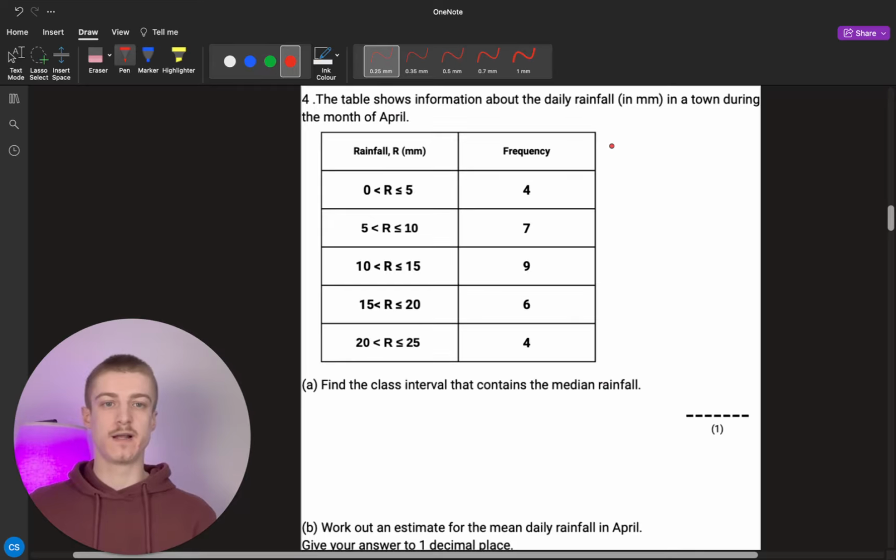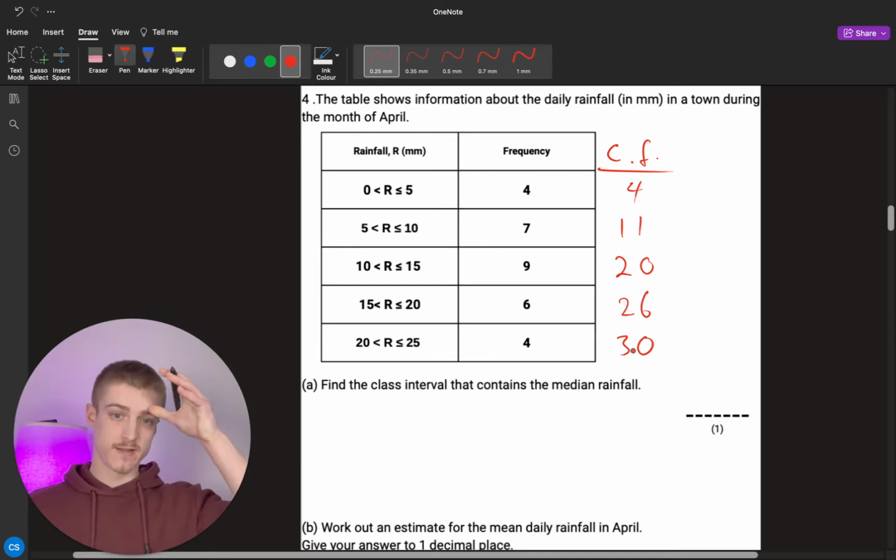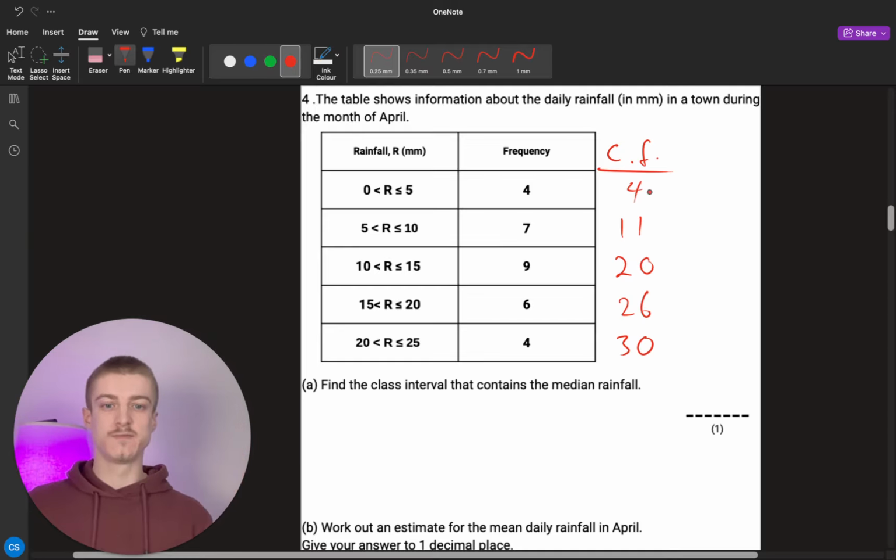So we need a cumulative frequency column first. Okay. 4, add 7, 11, add 9, 20, add 6, 26, add 4, 30. As expected, 30. The class interval that contains the median rainfall, well, our total frequency is 30.